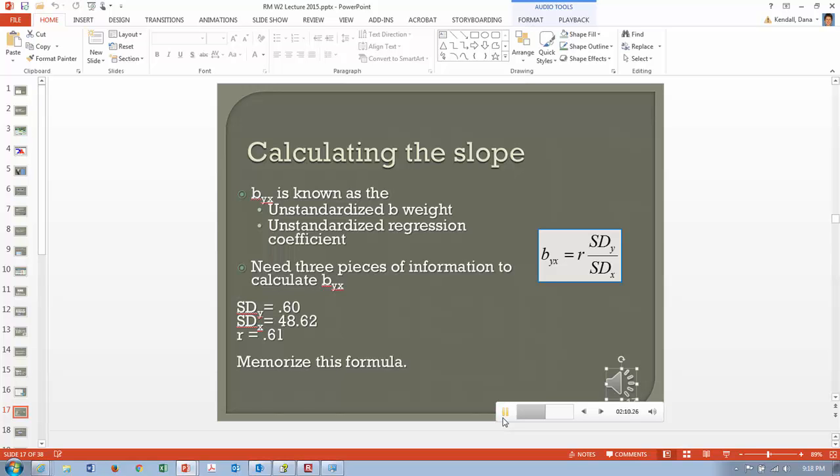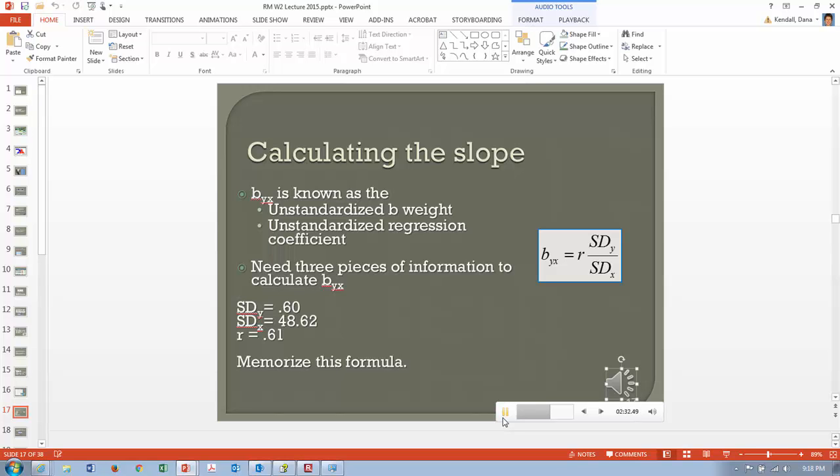The b sub yx is also called the unstandardized regression coefficient. So there are two terms for these weights, or slopes: one is b weight or beta weight, and the other is regression coefficient, which could refer to either. So that's the terminology.